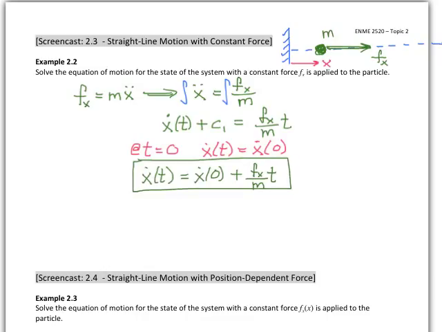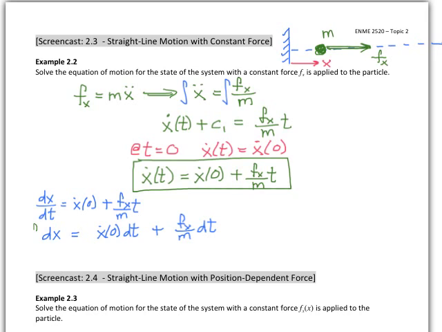And now to solve for position, we have dx dt is equal to the expression we have for our speed, which is our initial speed plus the constant fx over m multiplied times t. We use our separation of variables, and with this distribute the dt on the expression on the right hand side, and then we'll integrate both sides.